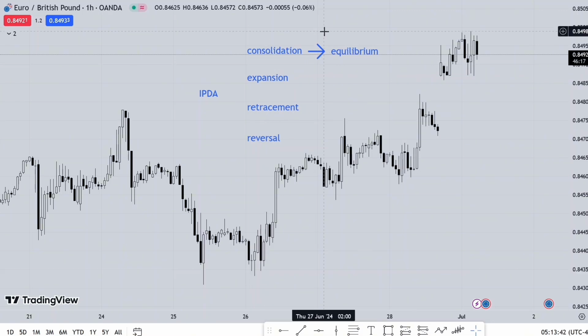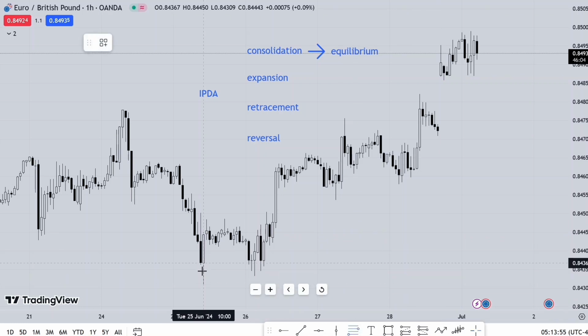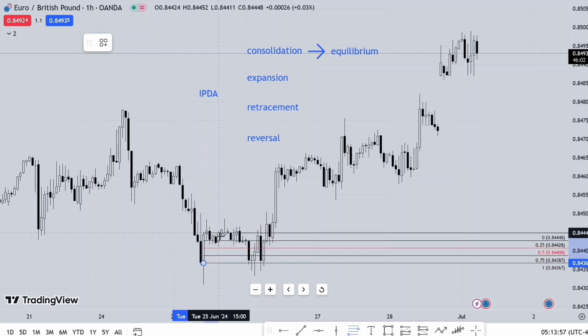When price is inside of a consolidation, we make reference to the equilibrium point from that consolidation. Does that make sense?